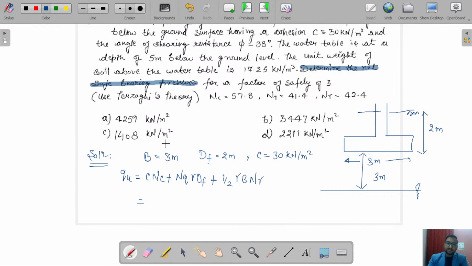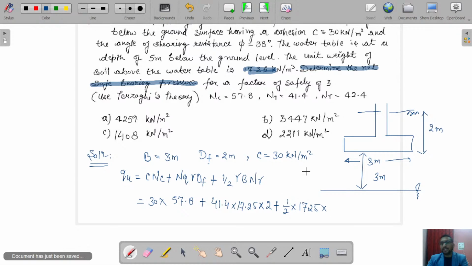C is 30 kilonewton per meter square, Nc is 57.8, Nq is 41.4, gamma, the unit weight of soil, is given as 17.25, into Df, which is 2 meters, plus half gamma, the same 17.25, into B, the width of foundation, which is 3, into N gamma, 42.4. Calculate this value.